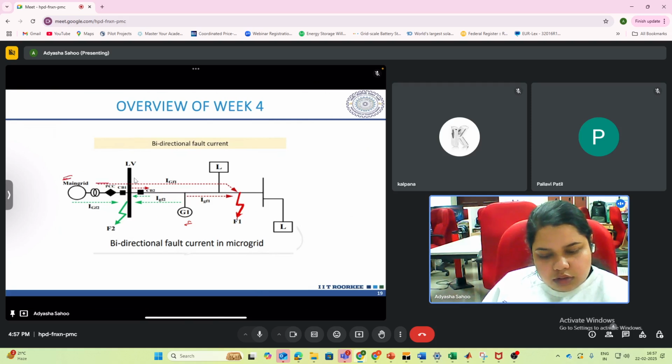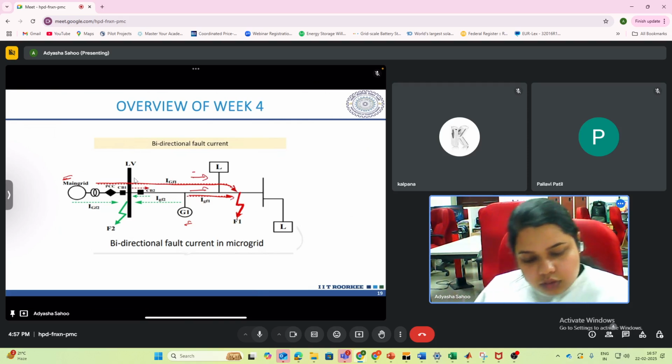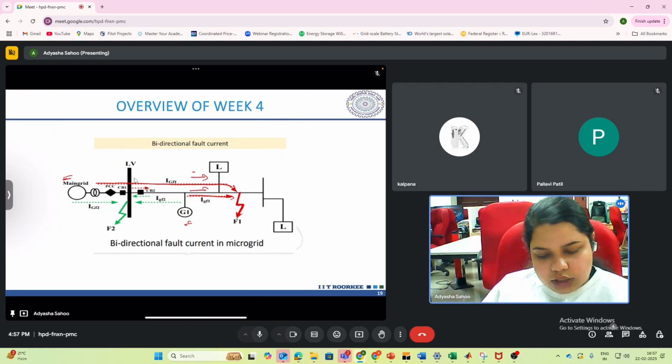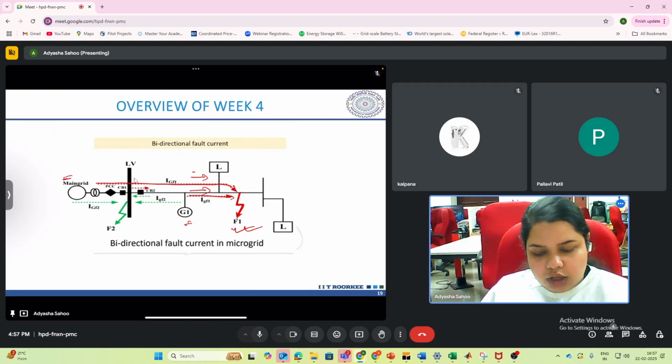This is your IGF1 from the main grid, and this is from the distributed generator. Both these fault currents are in the same direction, the forward direction. So this relay will see that the current is flowing in the forward direction with higher magnitude, and it will trip. So everything is good for fault F1.